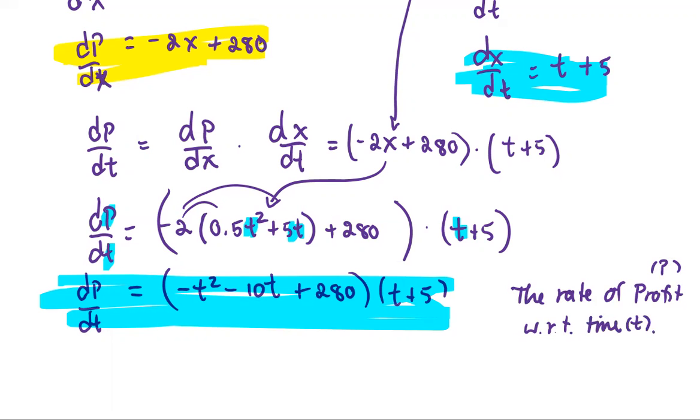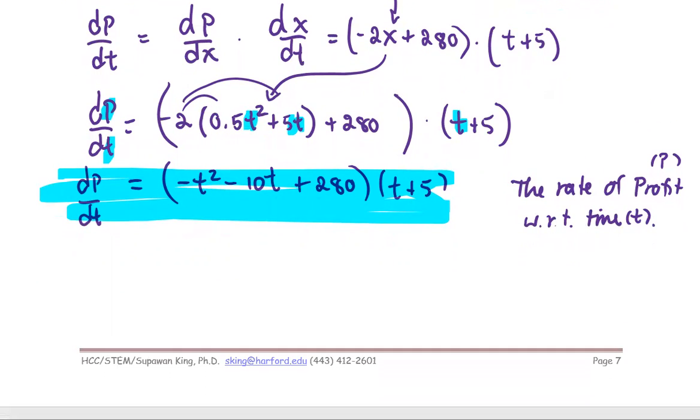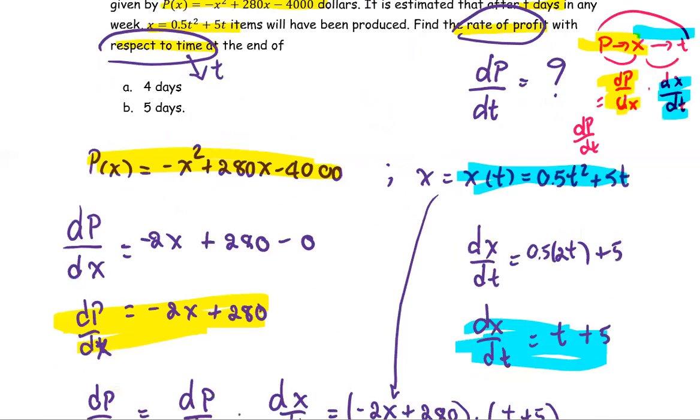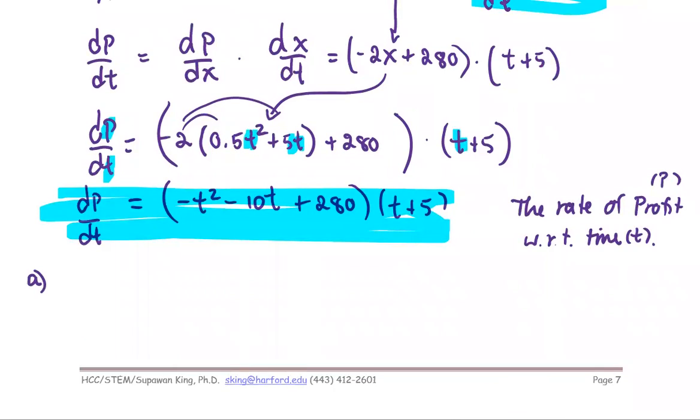Then there is another part that we have to find: in part A, after 4 days, and in part B, after 5 days. So after 4 days, that means t equals 4, because t is time and the unit is days.